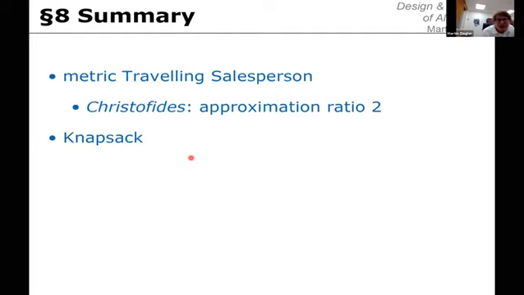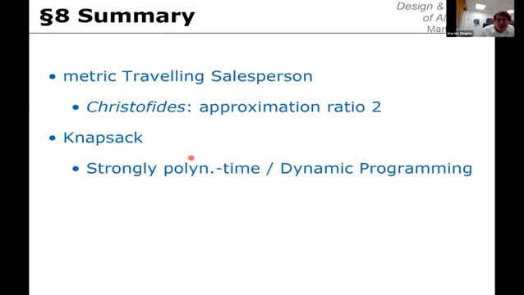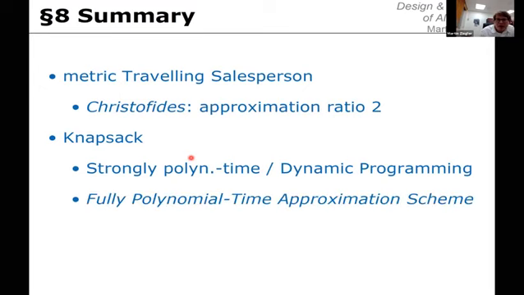Then we've considered the knapsack problem, as a maximization problem. First, we've derived an exact algorithm for that problem, a pseudo-polynomial time algorithm based on the dynamic programming paradigm. And then we have turned that algorithm into an approximation algorithm, namely by rounding the values of the packets.